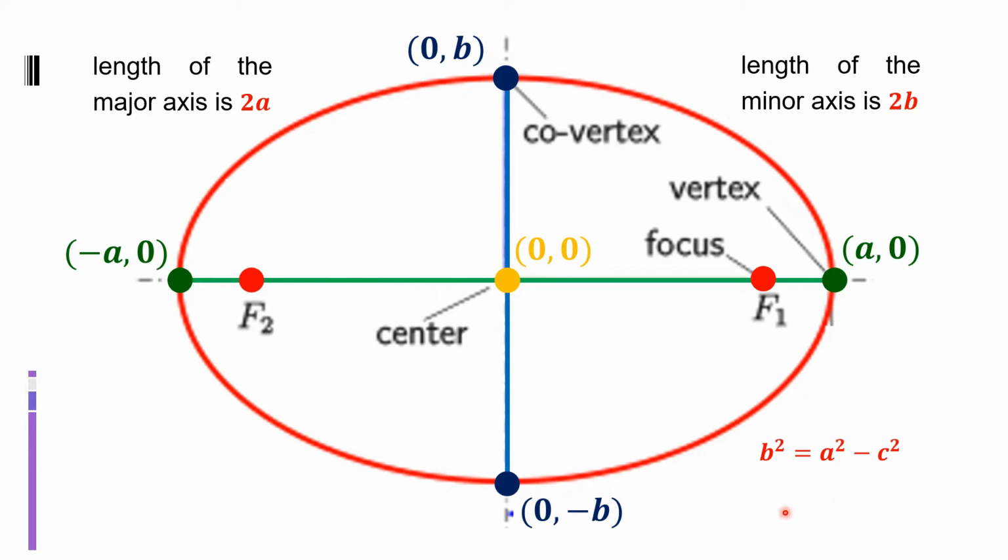That is, b squared is equal to a squared minus c squared. And the line through the foci is the principal axis. So, etong line na to, if we extend itong major axis natin, kasi dito nakalagay yung ating mga foci, then we call this line the principal axis.